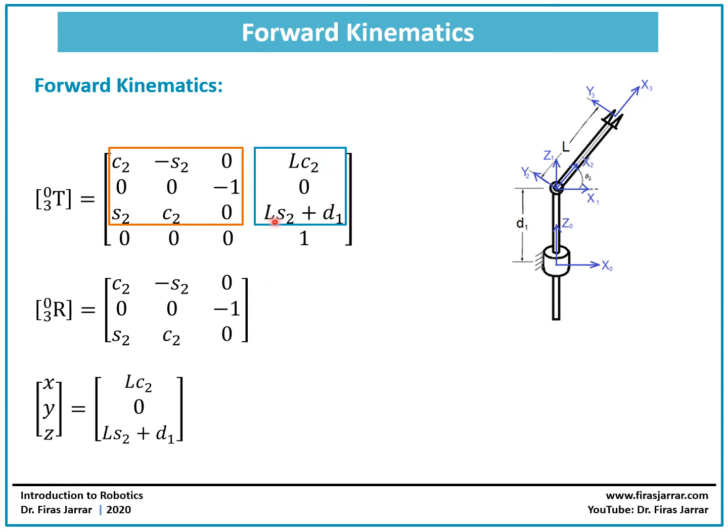And this here in blue represents the position of the origin of the end effector with respect to the base frame. So we have X, Y, and Z here. X being L cosine theta 2, Y being always equal to 0, and Z being equal to L sine theta 2 plus d1. And this is the orientation here.